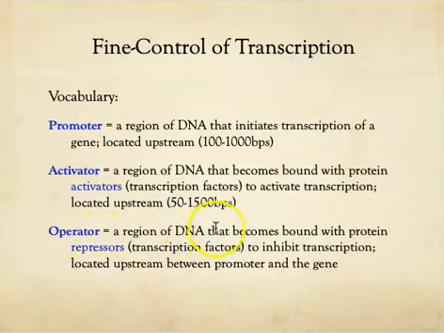Operators are pieces of DNA that can become bound with repressor proteins in order to inhibit or downregulate transcription. And operators are located between the promoter and the protein coding region of the gene. So they are downstream from the promoter and upstream from the protein coding region of the gene.